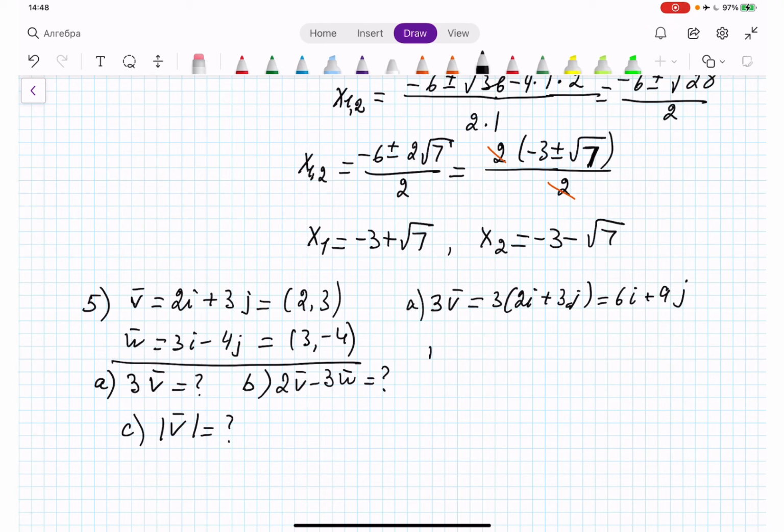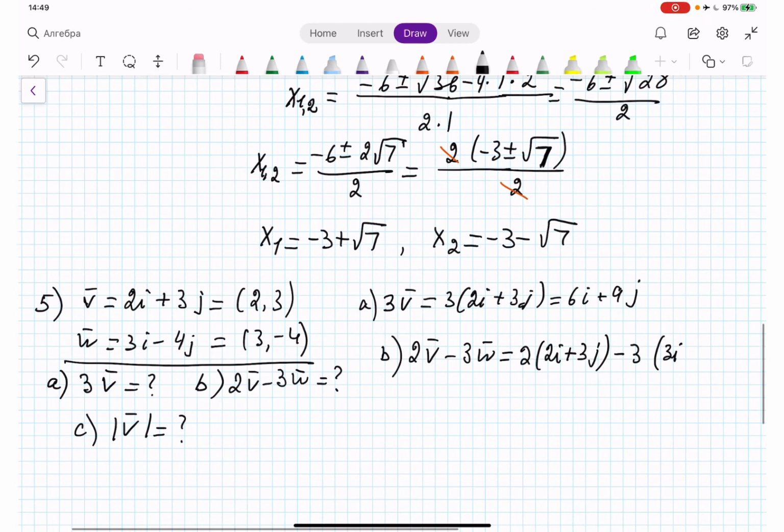And B, we need to find 2v minus 3w. Okay, I'm going to do it at once. 2v minus 3w is equal to 2 times 2i plus 3j and minus 3 times 3i minus 4j.